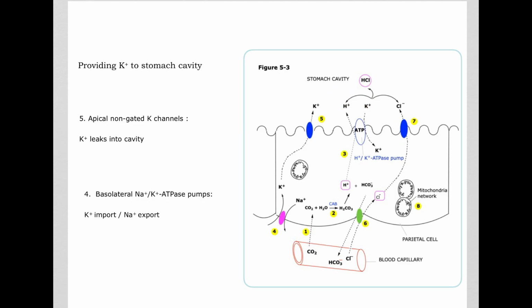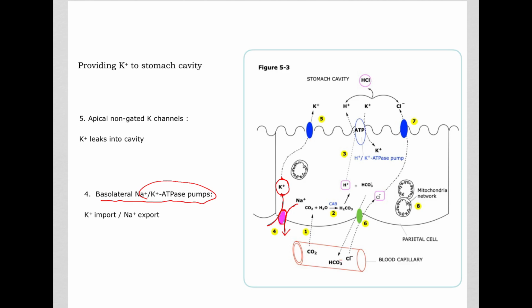We have the basolateral sodium potassium ATPase pumps. Here we have the sodium potassium pumps, and as you know, this will export sodium out of the cell in exchange for potassium, which is imported into the cell. This way potassium comes into the cytoplasm of the parietal cell.